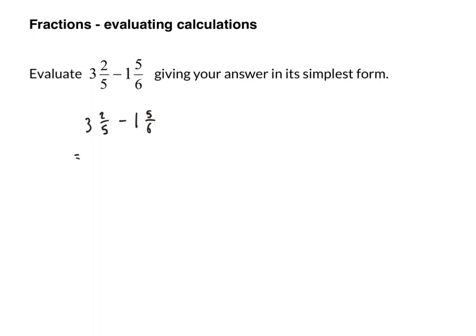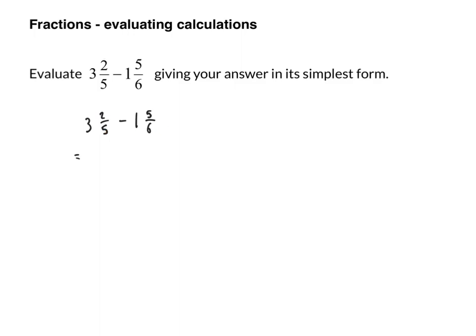The other reason that's useful is when you do any multiplication and division, you have to convert these into top-heavy fractions. So it's a good habit to get into, just converting them into top-heavy fractions automatically. So that's what I'm going to do here.